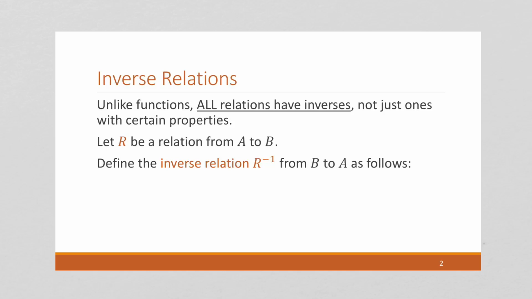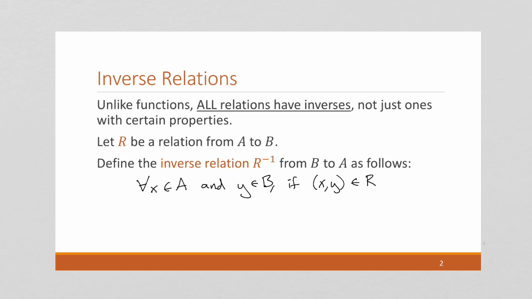So if R is a relation from A to B, then the inverse relation R minus 1 from B to A is defined as follows. For all elements X of A and Y of B, if X is related to Y in our relation.